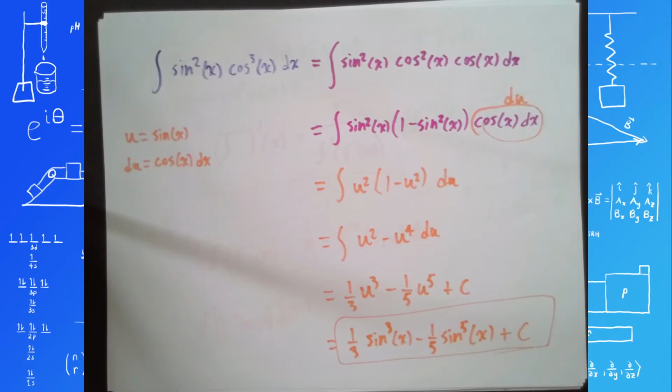So there you go. If you've got a product of sines and cosines, whichever one is odd powered, save 1 power of it for use with the result of your u substitution to get your du, and convert all the rest into the other function using trig identities.